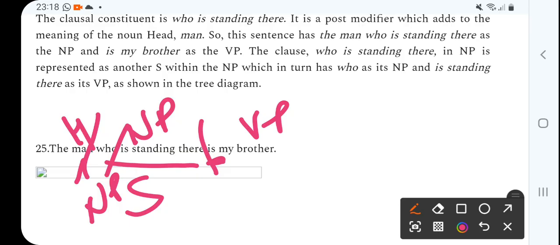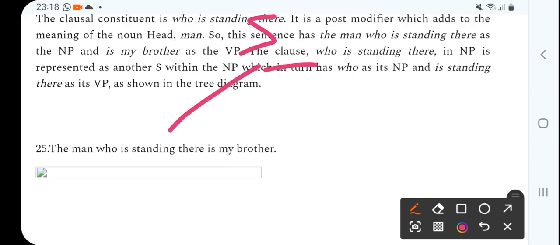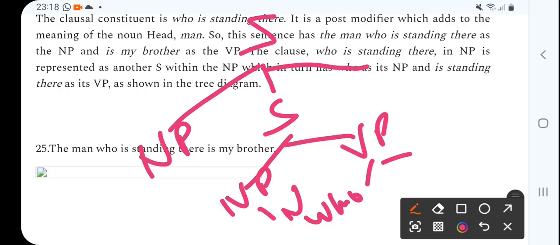So that is the man who is standing, right? So that will be like this: the man is the noun phrase, but then another sentence is there, right? In that sentence, the noun phrase has the noun "who", and the verb phrase is "standing there".